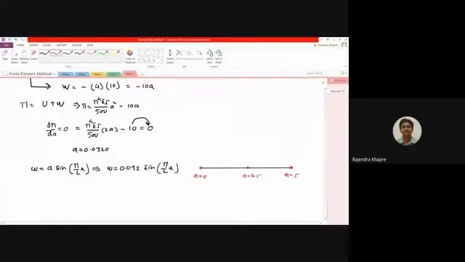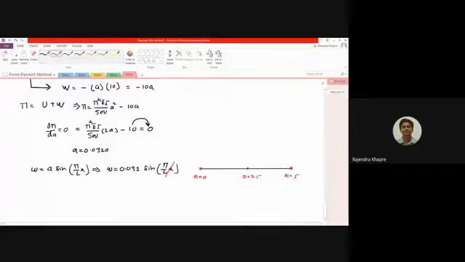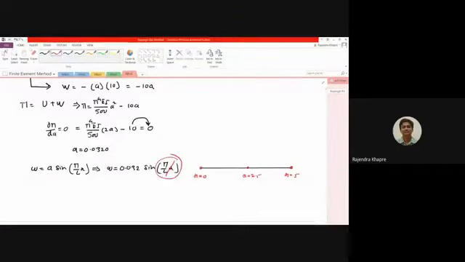If you substitute the value of X as 0, this entire term becomes 0, and you will get the value of W as 0. If you substitute the X value as L, at this point over here, then also this entire term is going to become 0, and you are going to get the deformation as 0.